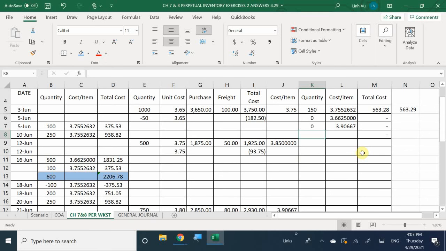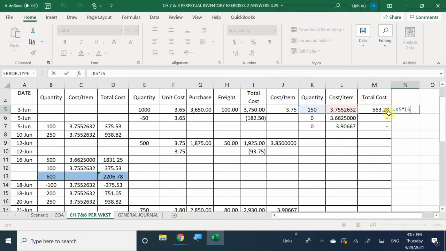If I didn't round my answer, it should give me this, what was it, 563.29. So basically what I did here was I just ensured that my number that I'm going off of is correct, or give me like a guidance.